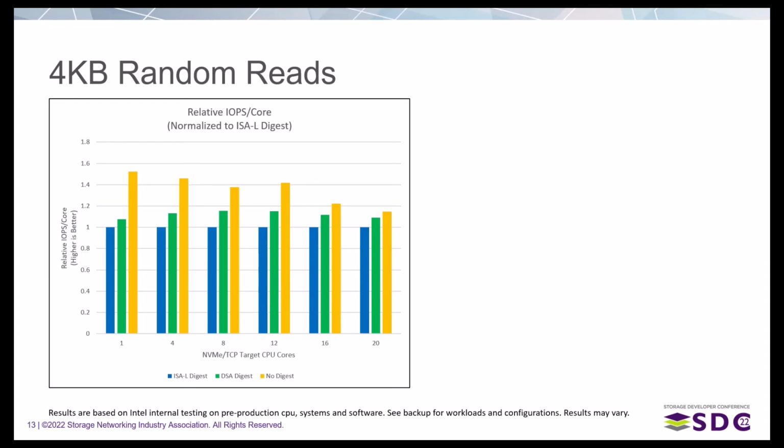But that said, we still saw anywhere between 8% and 15% more IOPS per core when we offloaded that CRC32C digest calculation to DSA for this workload, as we scaled the number of CPU cores from 1 all the way to 20 cores and saturated the 400 gig network at just under 11 million IOPS.